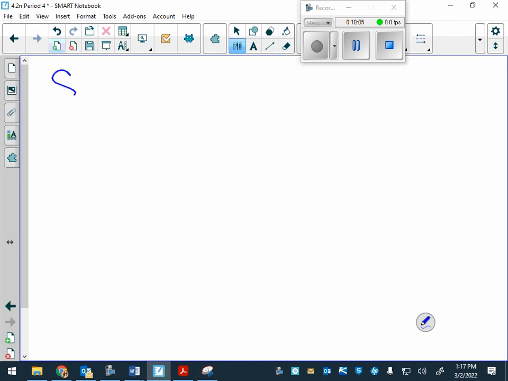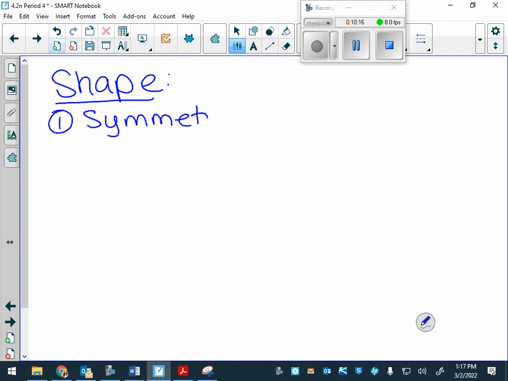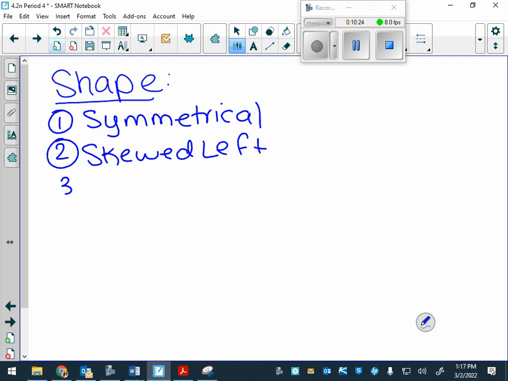Anytime it's asking for shape, your options are symmetrical, skewed left, or skewed right. Okay, these are your options in terms of shape if it's asking for shape.